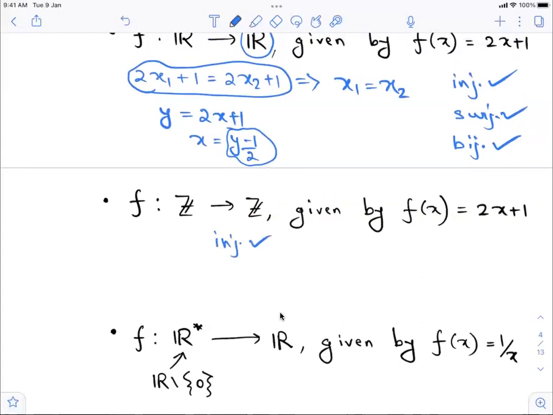Surjectivity will change now. It is not going to hold here, because if x is an integer, 2x plus 1 is an odd integer. So only odd integers are images here. Even integers don't have any pre-image, so even integers are not images. Therefore, this map is not surjective, and therefore it can't be bijective.